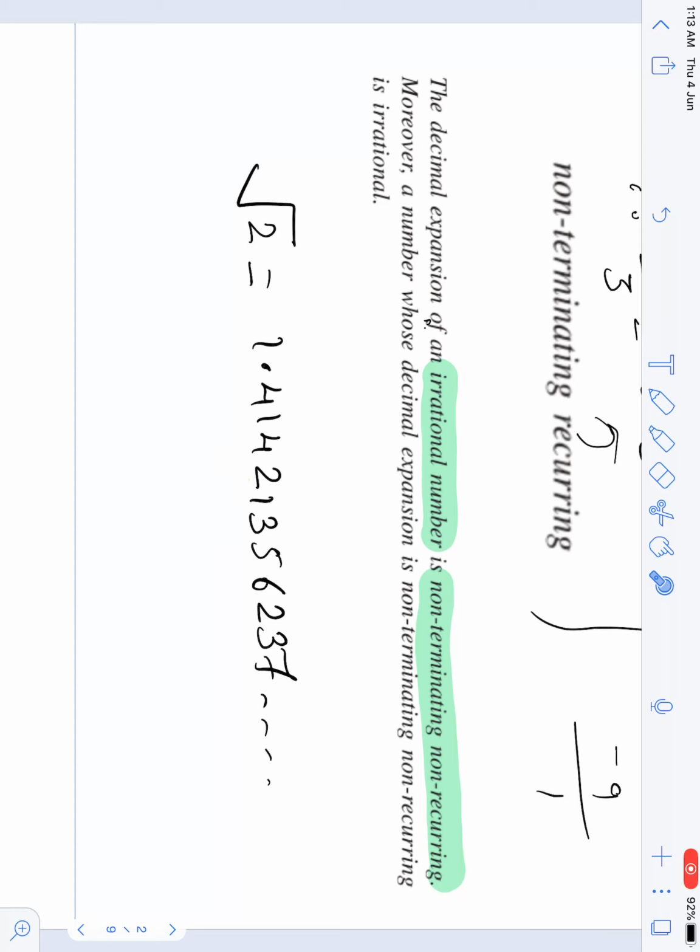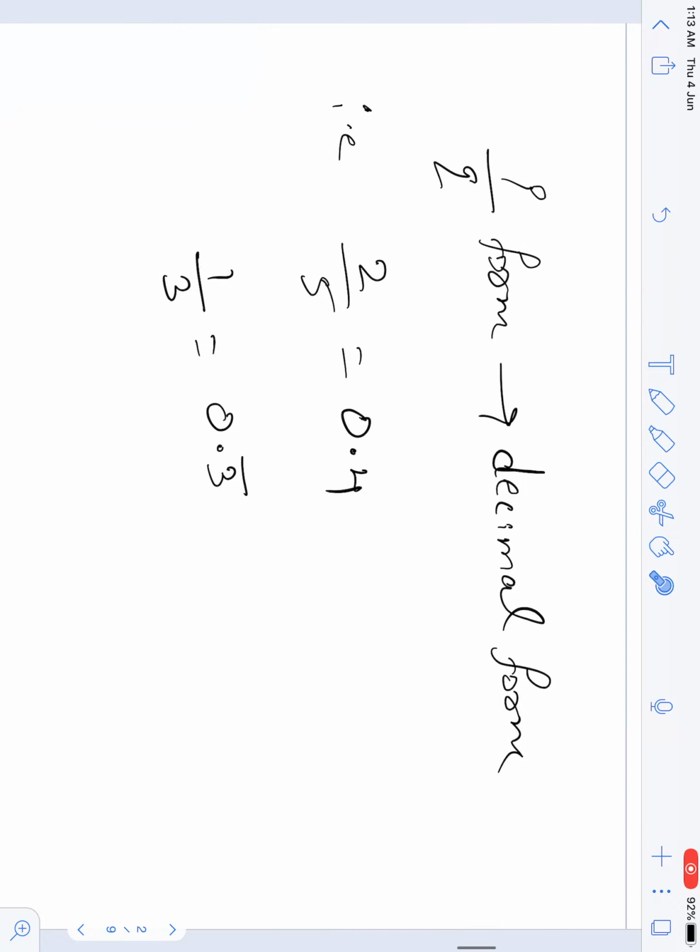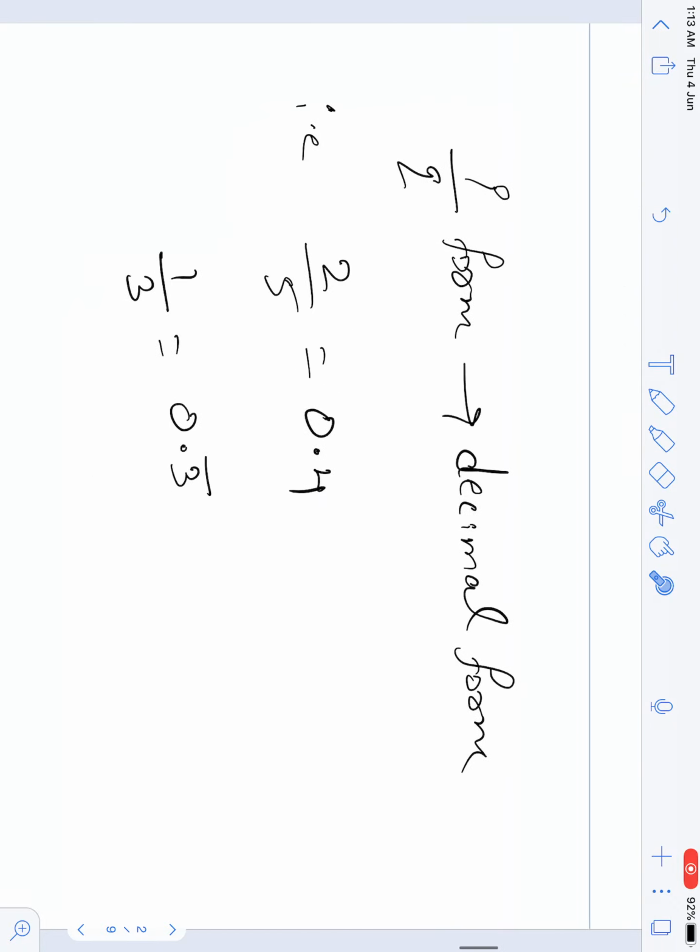So we cannot say that this is a recurring form, this is a non-recurring form. And as the division is not stopping, we consider it to be non-terminating. Terminating means to stop.